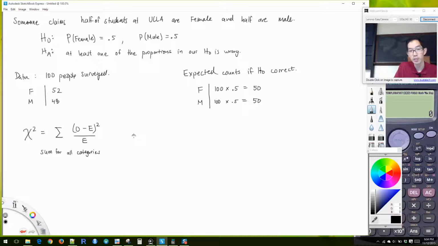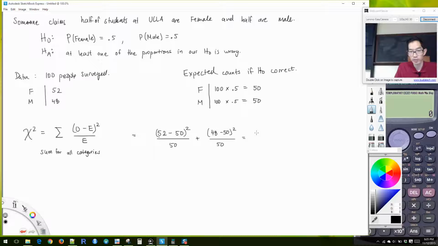So in our case, we observed 52 females, we're expecting 50, so we square that difference, divide by our expected number. Over here we have 48 minus 50, we square that difference, divide by 50, and we add those two together.